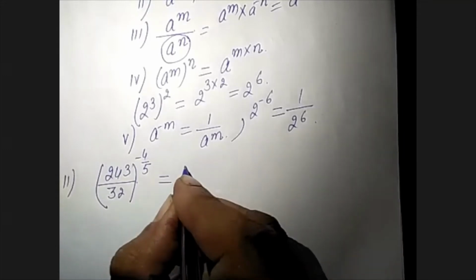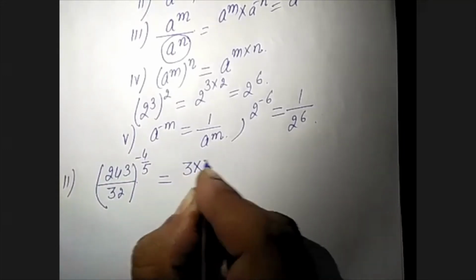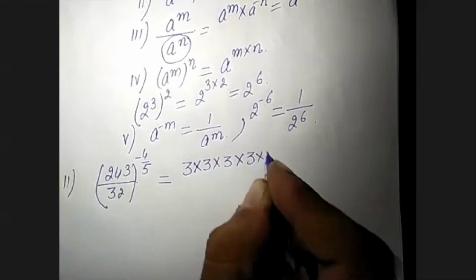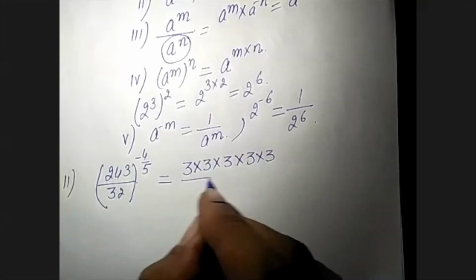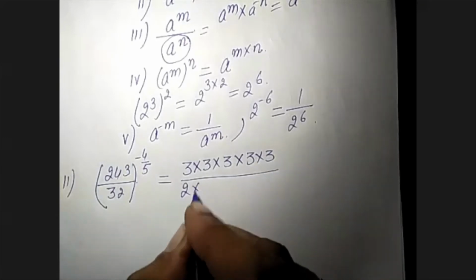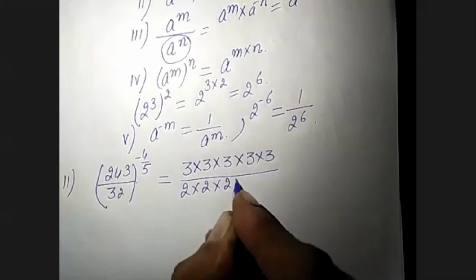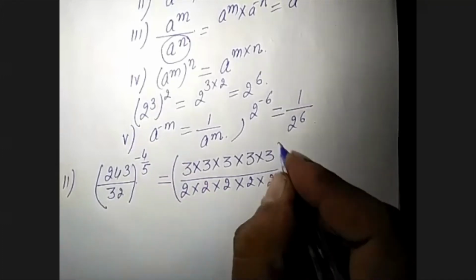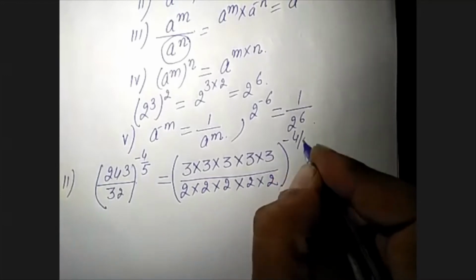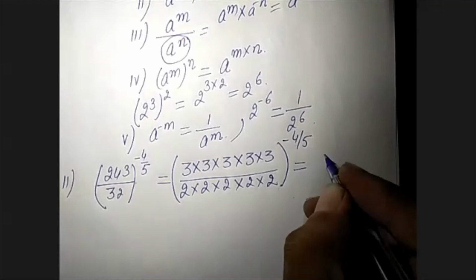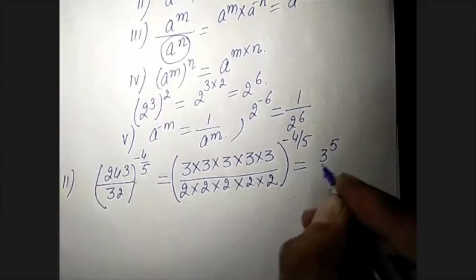So we find out that 3 into 3 into 3 into 3 into 3 is the factorization of 243, divided by 2 into 2 into 2 into 2 into 2, that is 32, all raised to the power 4 by 5. Okay. So now we try to combine them.